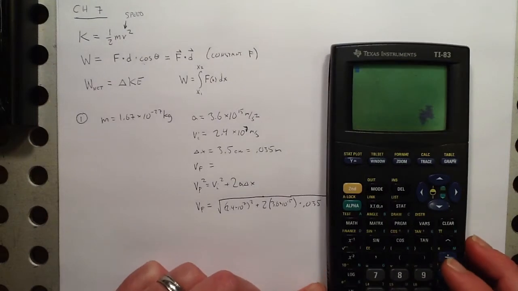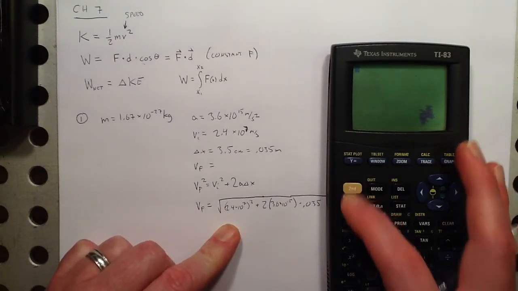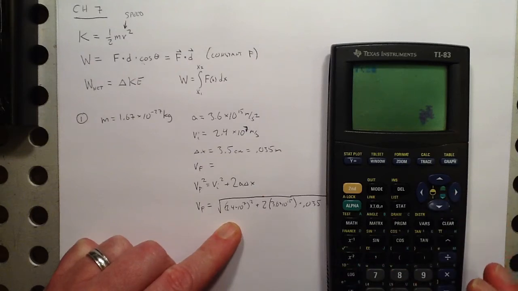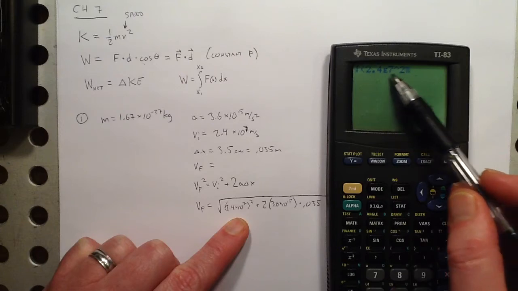Can you see that? I think you can see that. So the square root of 2.4, I'm going to use this scientific notation feature here, that raised to the second power. The calculator does understand that that doesn't mean 2.4 times 10 to the 49th.